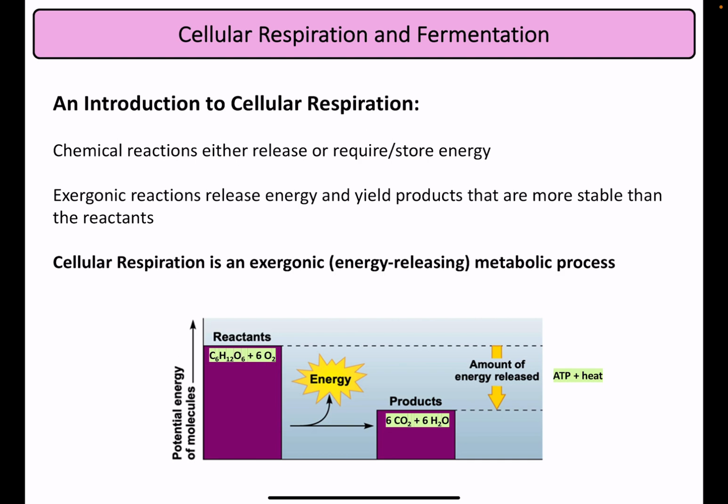So cellular respiration is an exergonic, energy releasing reaction or metabolic process. And we're not going to waste that amount of energy that is released. Cells are really good at storing a large portion of that energy as ATP.